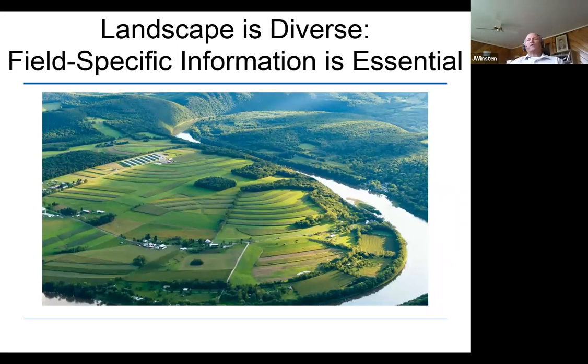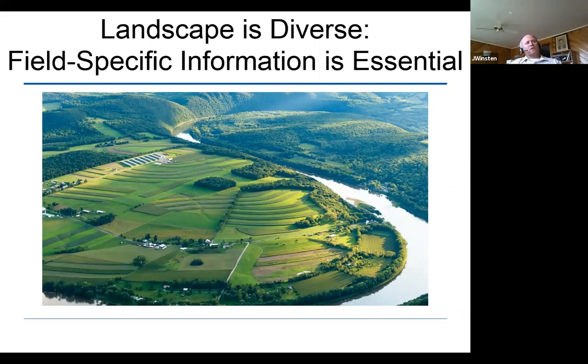So the reason that performance conservation is important is that the landscape is diverse. This particular picture is just an example: you have flat fields on top, you've got sloping fields going down the side, you've got fields that are very close to surface water. There's probably difference through that landscape, and there's a bunch of characteristics that are going to make some fields more vulnerable than others for nutrient loss.